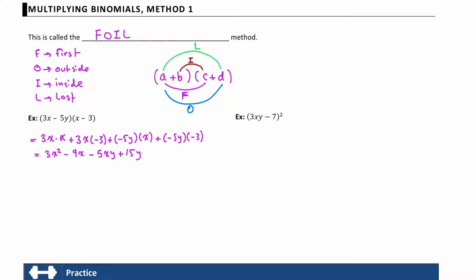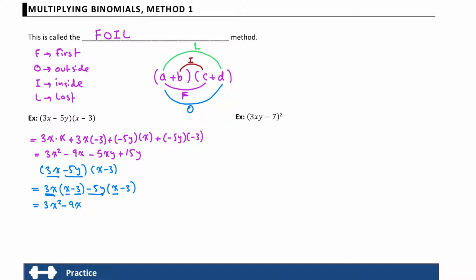So let's write it out first. 3x minus 5y, x minus 3. We break this down by multiplying the first term by x minus 3, and then the second term multiplied by x minus 3. Once I distribute, I get 3x times x gives me 3x squared. 3x times negative 3 gives me negative 9x.